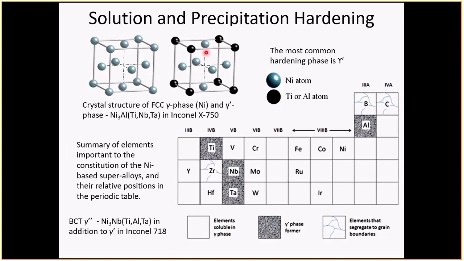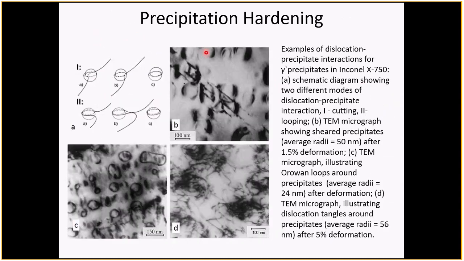There's about 0.5% volume change, and that in itself actually is an impediment to dislocation motion, because there'll be a certain energy needed to pass through a uniform strain field, and if you have regions of variations in the strain, that in itself creates an interaction, and you end up with some hardening for that. But that's a secondary effect compared to the antiphase boundary.